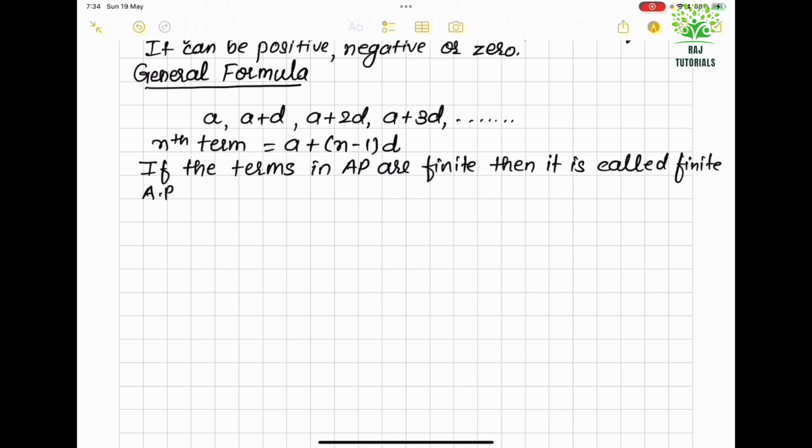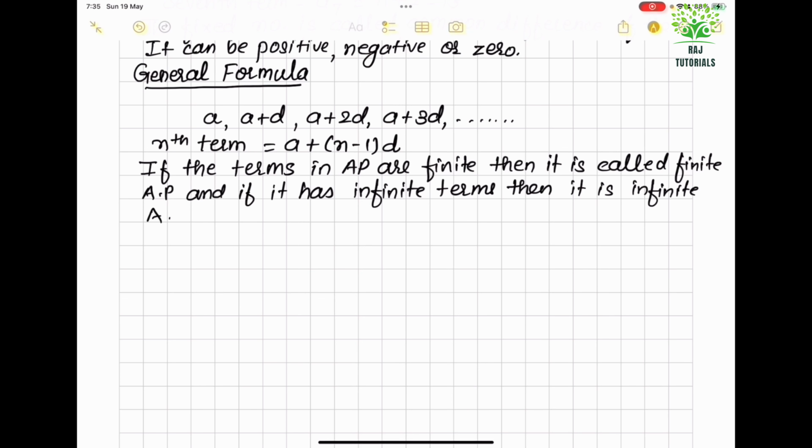Finite AP means the terms are fixed, this dot is not there, but only 5 or 7 or 10 fixed number of terms are there, so it is called finite AP. And if it has infinite terms, then it is an infinite AP.